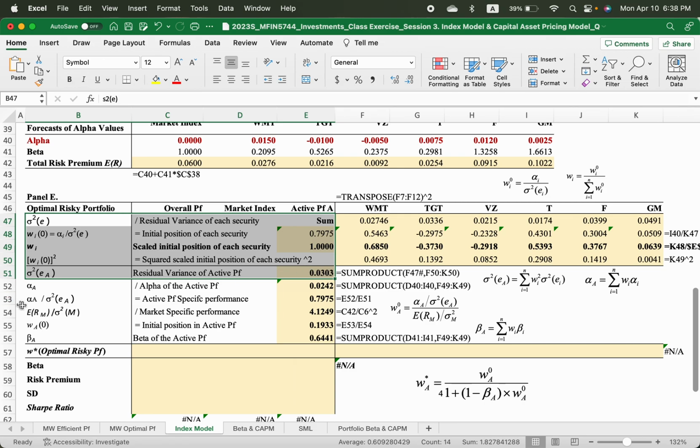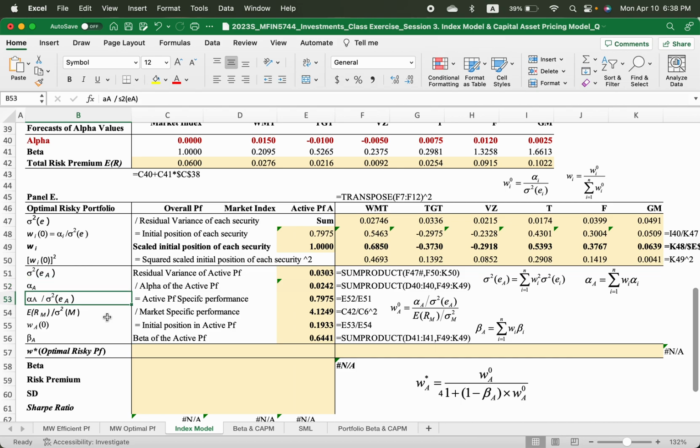So once we calculate the alpha of the active portfolio, then the alpha over the residual variances, which is the residual risk of this active portfolio. Now this is the performance of the active risk portfolio. And this part is the market specific performance.